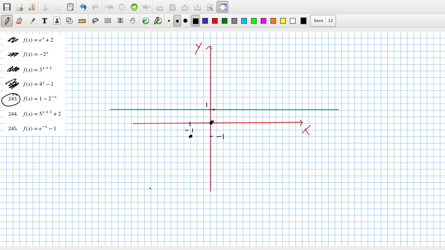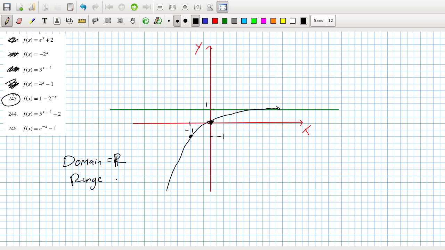I said decreasing, but I guess that's not quite the right word. I said leveling out, perhaps I should have said. So it's going to go like this. Oh, come on. Ah, it'll have to do. So the domain, usual, all reals.